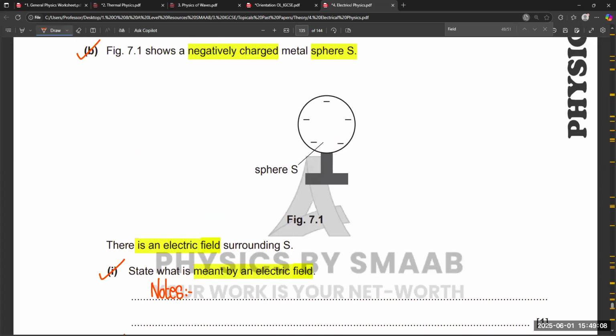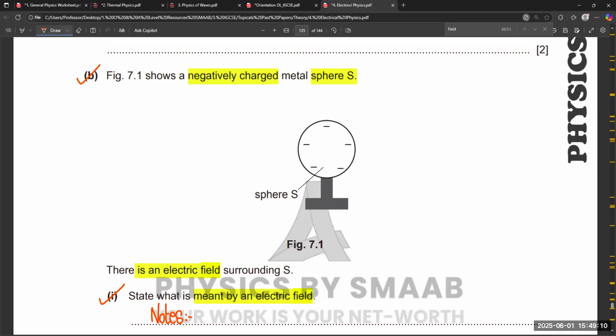So this is a negative charge given, right? Now this is the question, you have to draw the diagram by yourself. You have to draw from all directions to show the concept of radial lines. Otherwise, you will not get full marks if you only mark from one side. So try to mark from different directions.